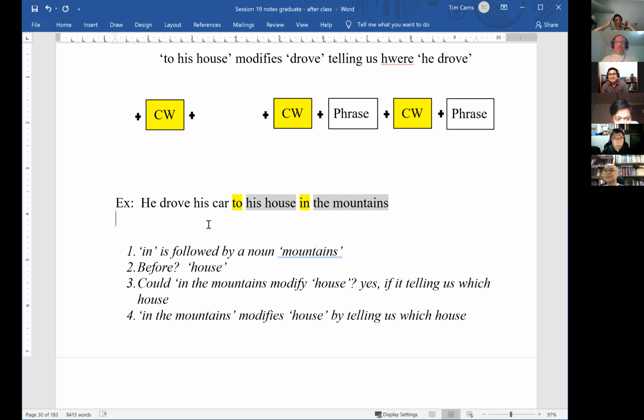So let's leave it there, and we'll pick it up next week with these prepositions, these phrases, and work our way through. Prepositions are tricky, so I want to do this methodical approach so that you can examine and confirm if you have a preposition, and then do some testing to see what that phrase is modifying. And as we go, I'll give you some helpful hints.